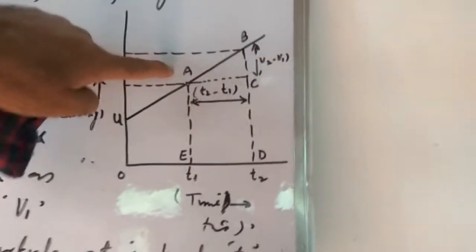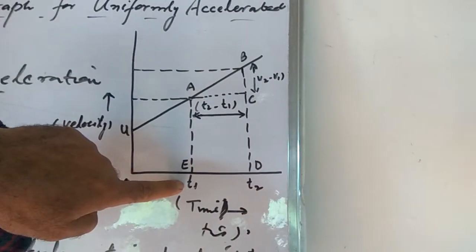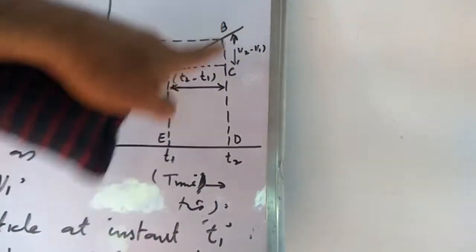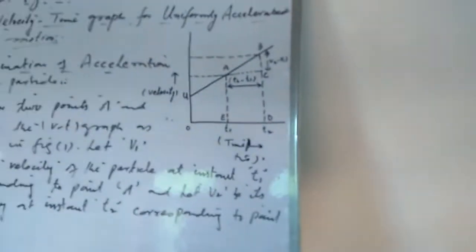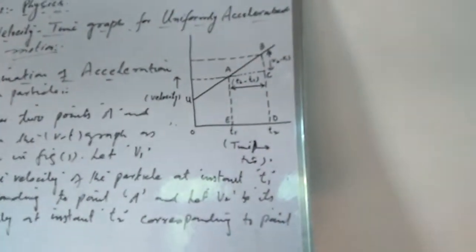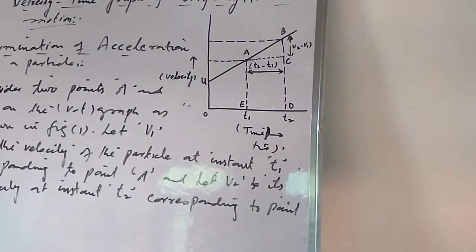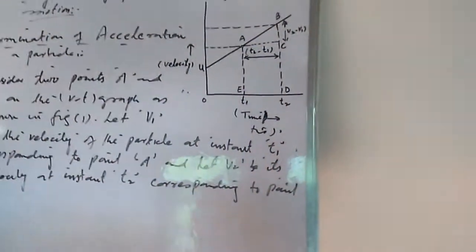At point A, V1 is the velocity at the instant t1, and V2 is the velocity of the particle at point B at the instant t2. Now, how much does the velocity change when the particle moves from point A to B?